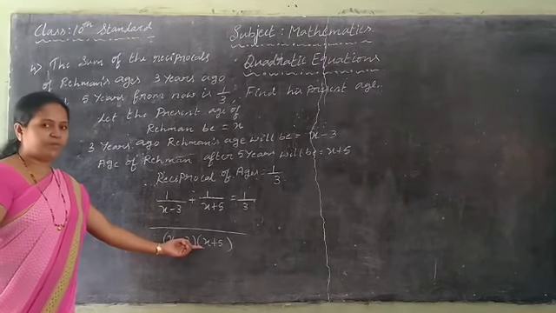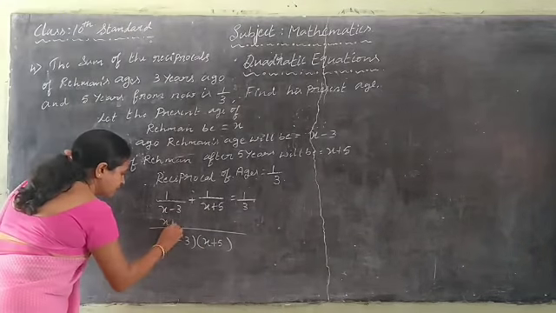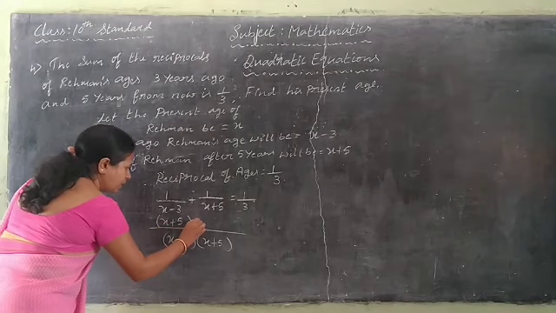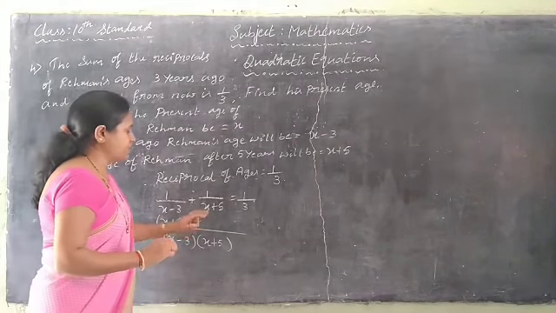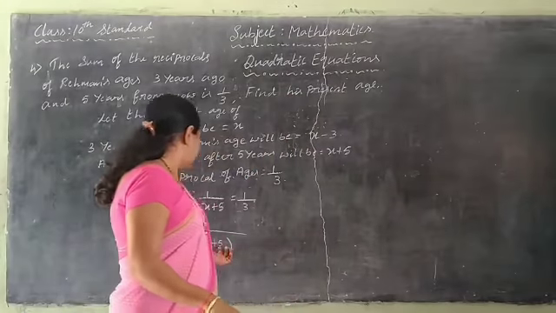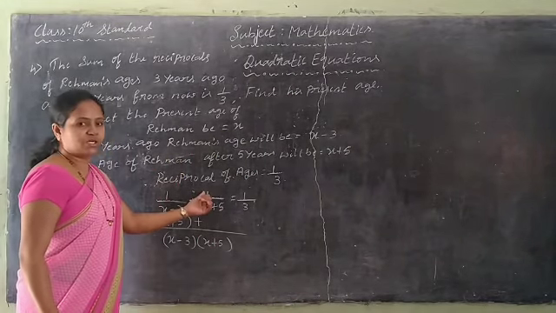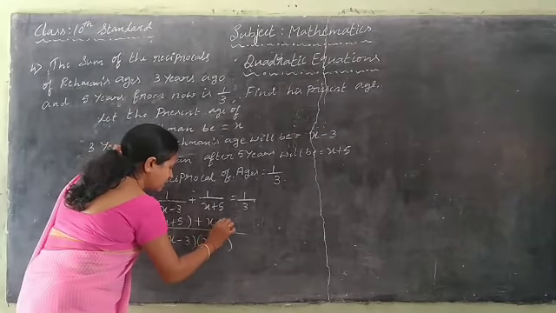What is the remaining here? x plus 5. For that multiply the numerator, children, you will get x plus 5 only. In the same way, here also, x plus 5 is there. So x plus 5 gets cancelled. Remaining is x minus 3. When we multiply for the numerator, we will get x minus 3 itself, children.